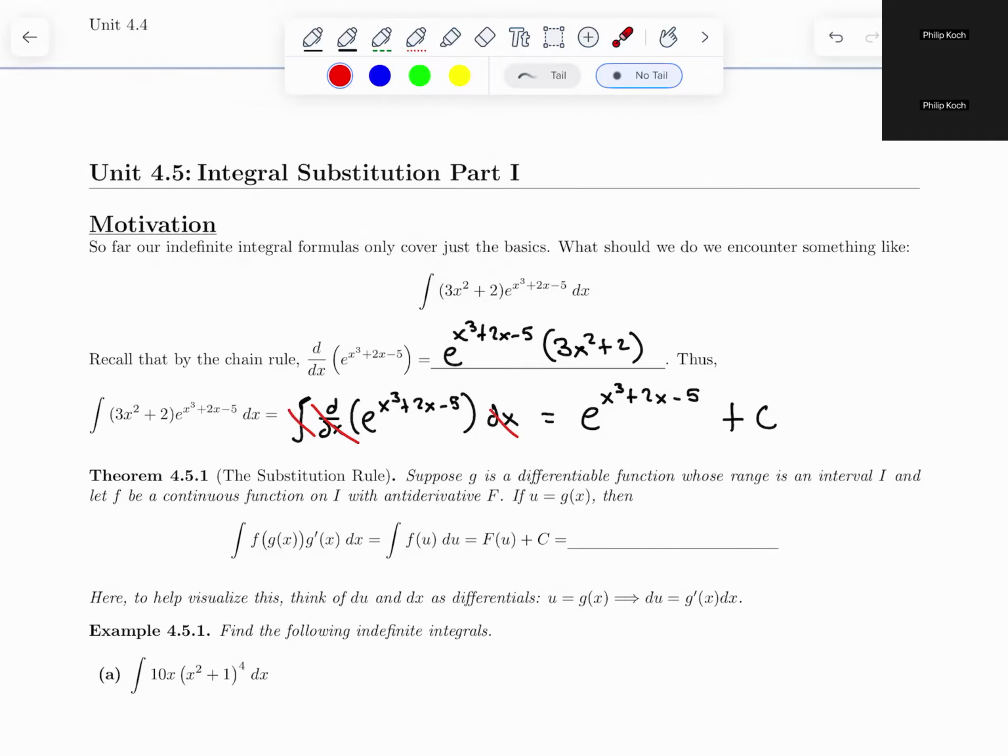If you decide to make u equal to g of x, then if you have f of g of x times g prime of x, you could rewrite that as f of u du, and the antiderivative of lowercase f is capital F, so it's equal to capital F of u plus c, which then replacing it in terms of x, we get capital F of g of x plus a constant c.